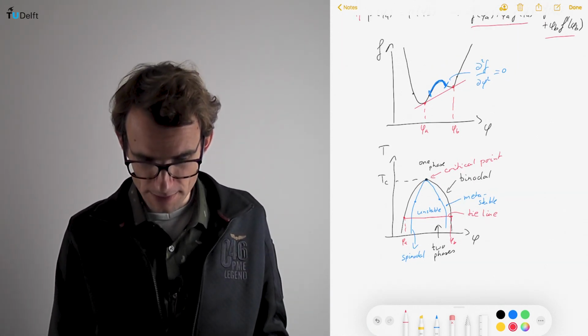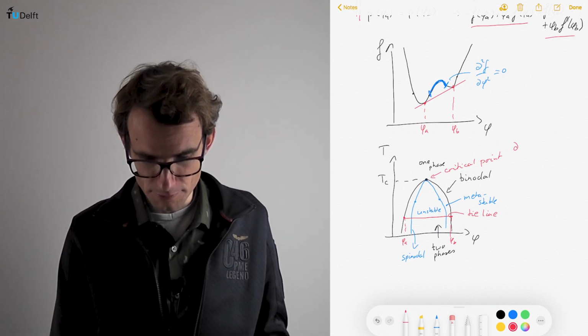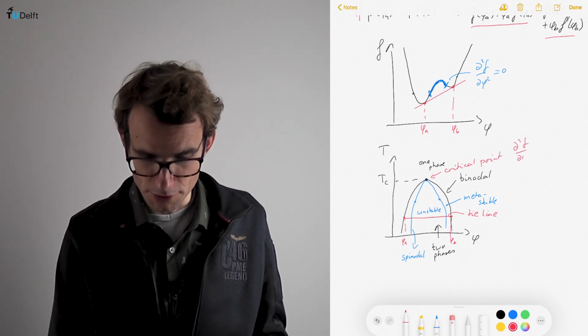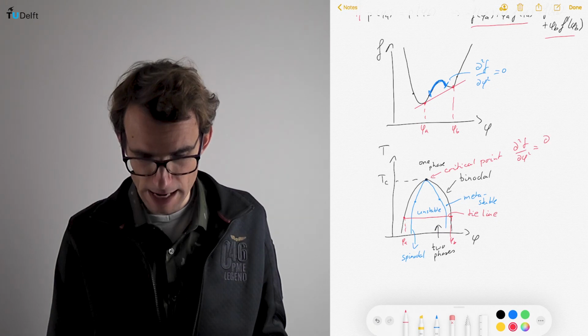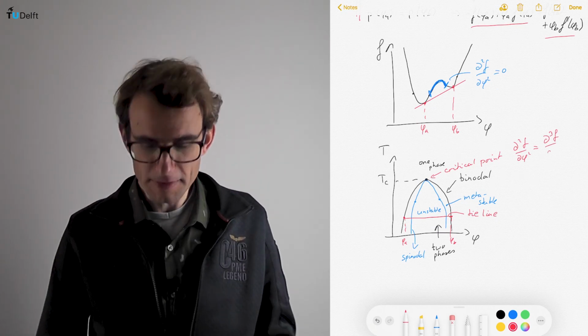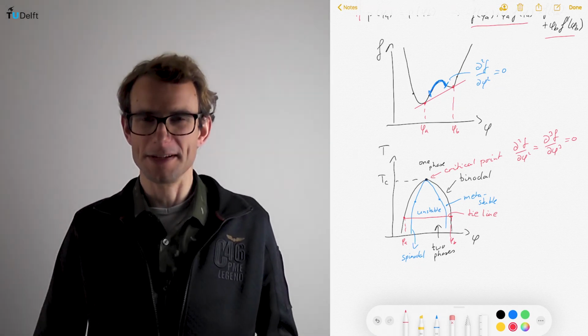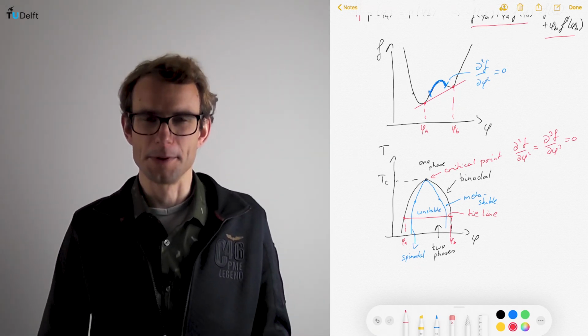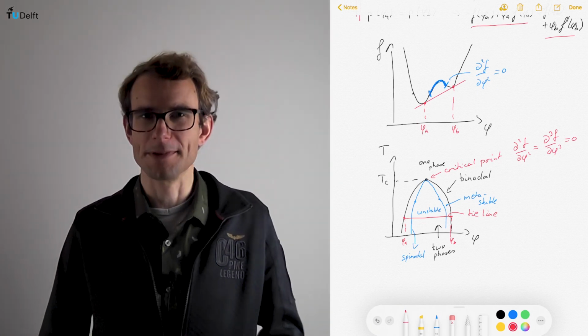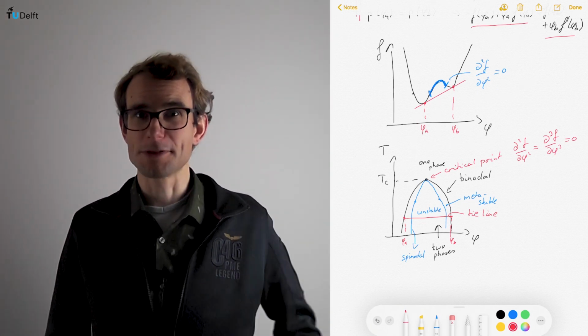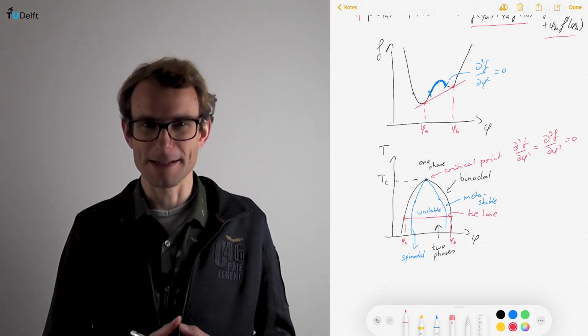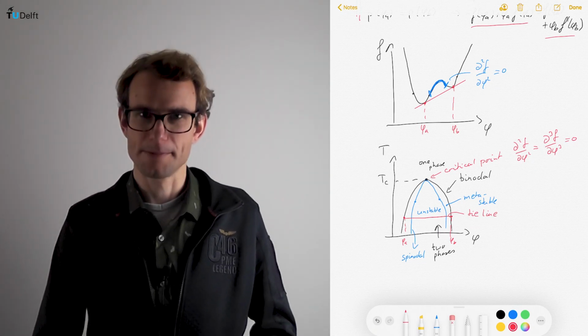So at the critical point, the second derivative of the free energy is 0, but also the third derivative of the free energy. And so finding the critical point is typically the easiest because the higher derivatives will typically give you lower order polynomial equations. So the critical point is the most interesting point, but it's also typically the easiest point that you can find.